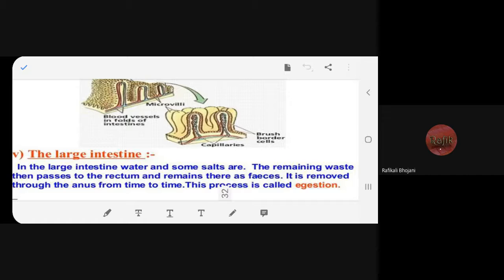Because I want you to be the best. The large intestine. In the large intestine, water and some salts are absorbed. The remaining waste then passes to the rectum and remains there as feces. It is removed through the anus from time to time. Say this, anus.